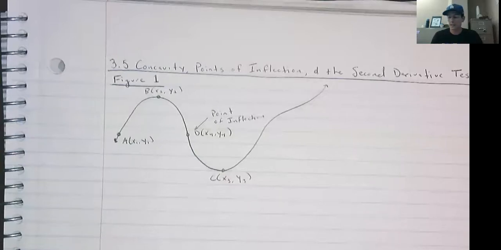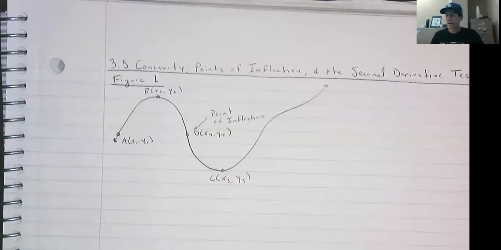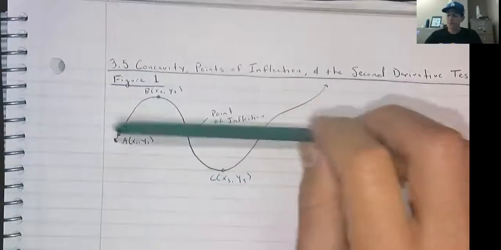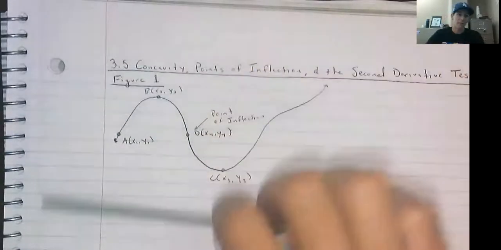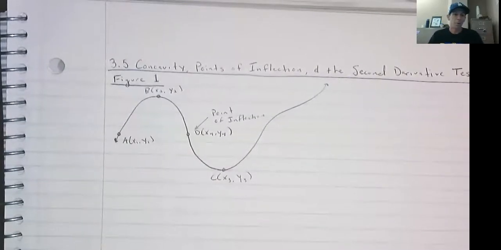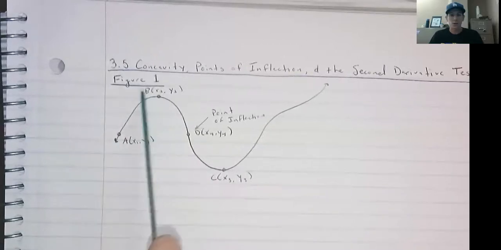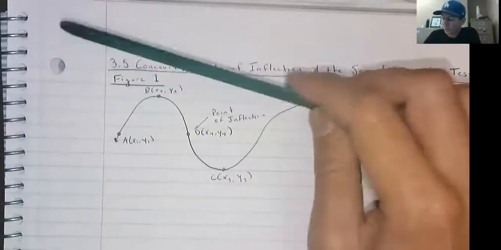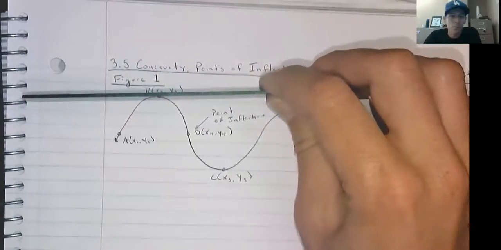Oh, and then one last thing: what the actual second derivative test is. With that notion that a positive second derivative means we're concave up and a negative second derivative means we're concave down, we now have a cheat code for our critical points, finding maxes and mins. Instead of using the first derivative test and looking left and right, the second derivative allows us just to say, hey, there's a critical point.